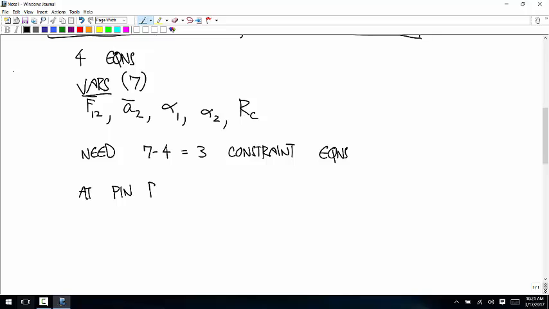Okay, so at the pin at B, we are going to say that the two bodies can't fly apart. Pin holds them together.